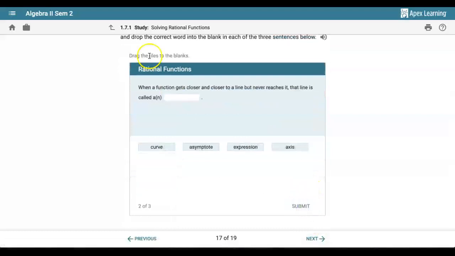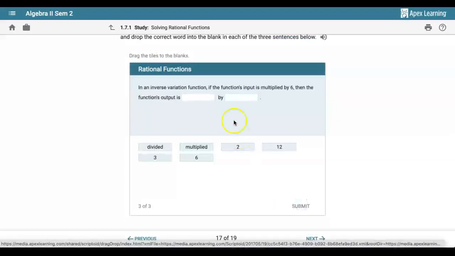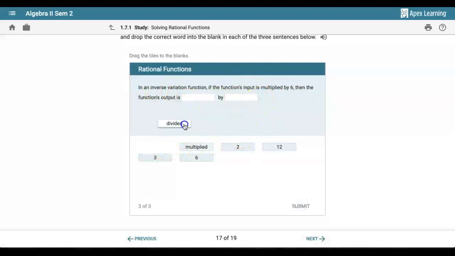When a function gets closer to a line but never reaches it, that's called an asymptote. That's a new word for us. And then an inverse function is if the function's input is multiplied by 6, then the output has to be, remember, it's inverse. So if we multiply, we have to divide, and it has to be by the same factor. So it would be divided by a factor of 6.